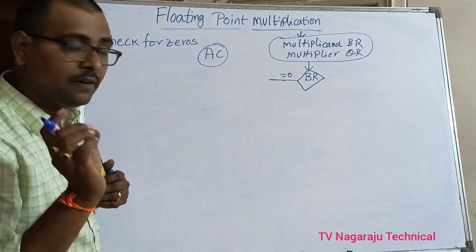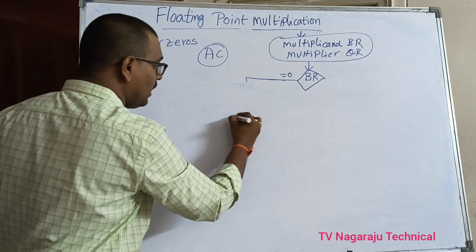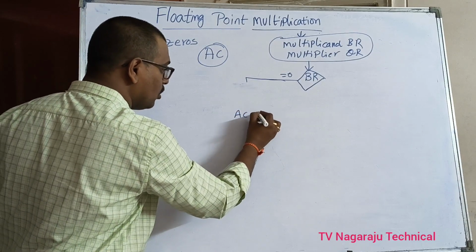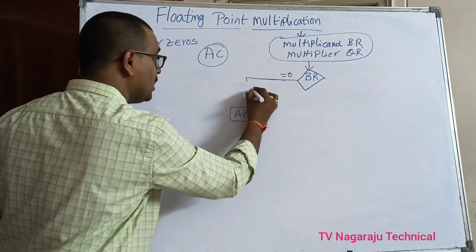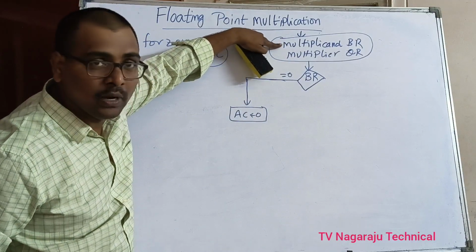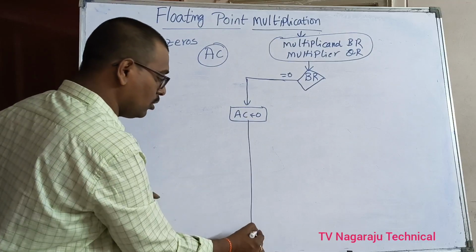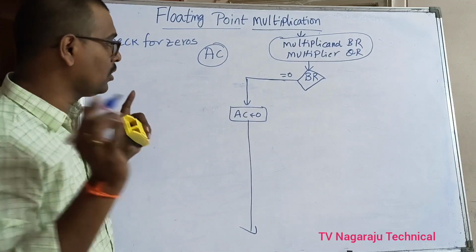Then the AC value is equal to 0. If any one of the operands is 0, the result is 0. Directly AC is equal to 0 and then terminate the process.